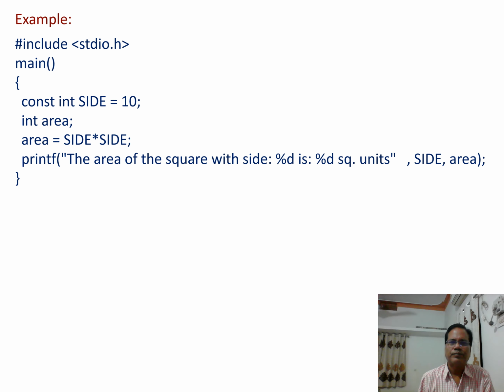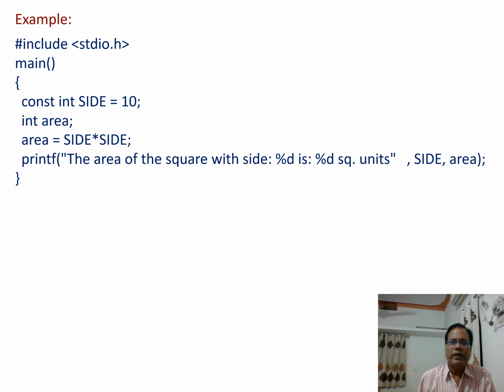Example. In this program, we define side as a symbolic constant. Here this side is defined as a constant using the const keyword, so it is an integer constant.